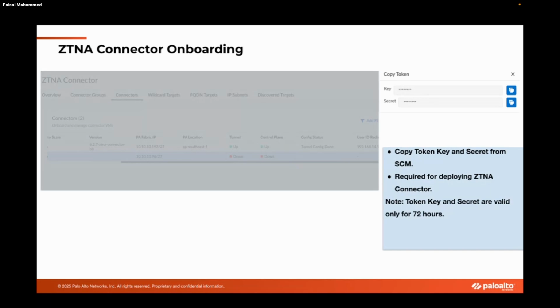Okay, consider this to be like a passport and a boarding pass. So when you create a new connector, when it first initiates the connection to the PA controller, it needs to identify itself, like which tenant it needs to connect to. So that is your key, and the secret is provided along with the key, so that it will measure from where you're trying to connect and then onboard you to the nearest location within the Prisma Access infrastructure, and onboard the connector as well as connect to it and build the configuration, everything.